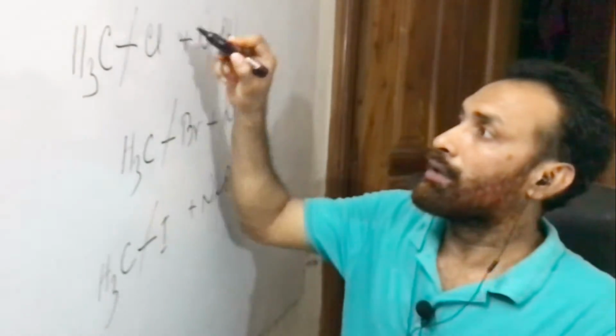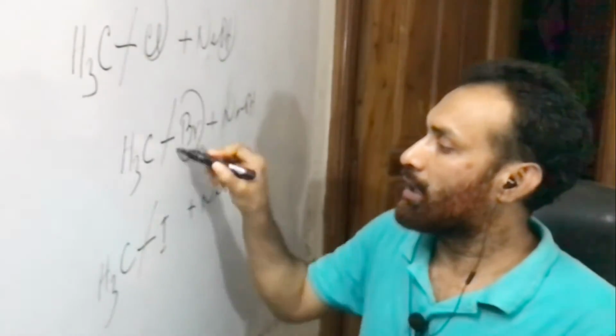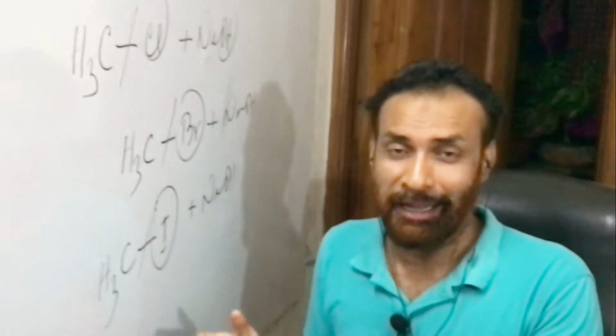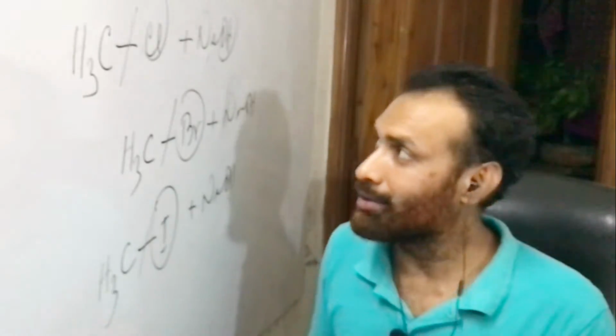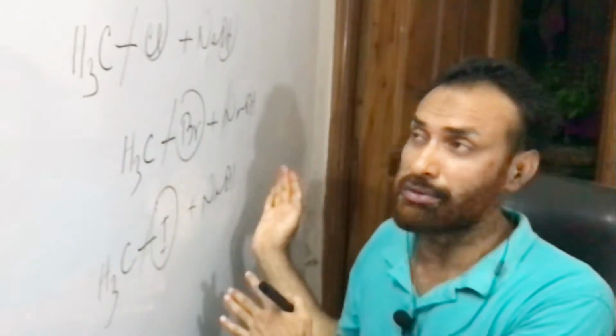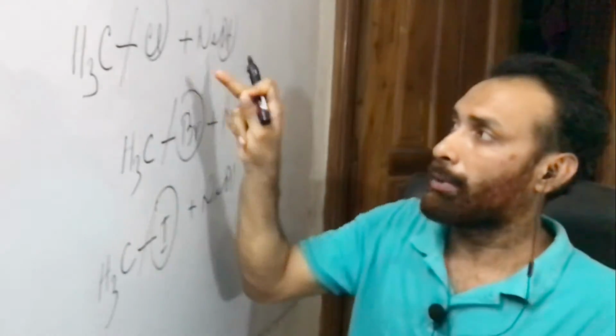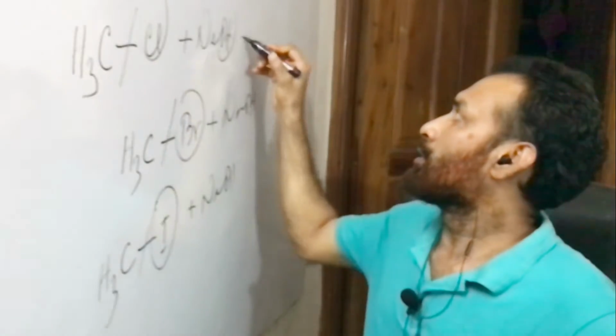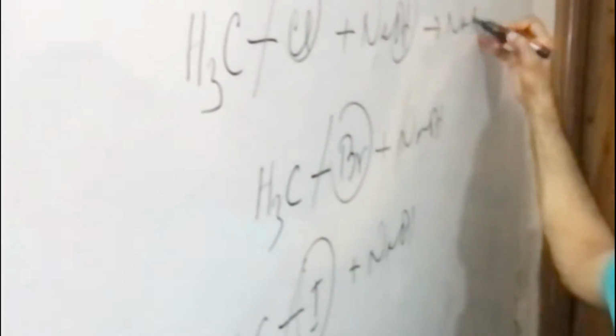OH ions displace the halides and you get alcohols. But don't think about the alcohol, think about the displaced ions: when sodium hydroxide reacts with this substance, you get sodium chloride, sodium bromide, and sodium iodide, and alcohols are also formed with them.